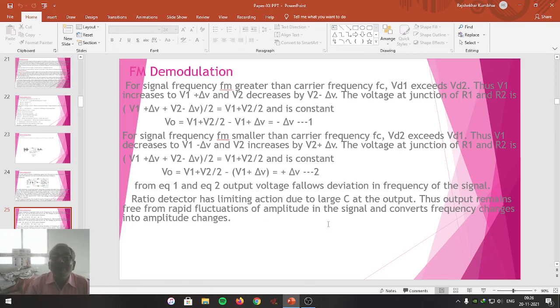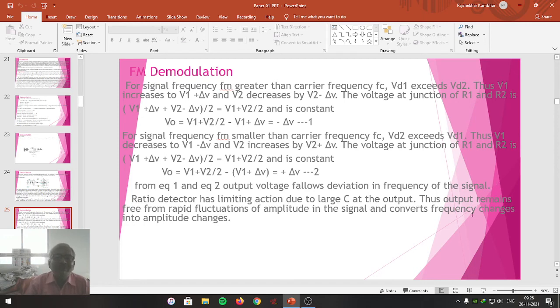Thus we can obtain the modulating signal at the output, or the information we can separate from the FM modulated wave at the receiving end. After separation, it is given to the destination. Suppose it is an audio signal, then naturally it is given to the speaker, and the speaker converts the audio electrical signal into its corresponding physical sound signal.